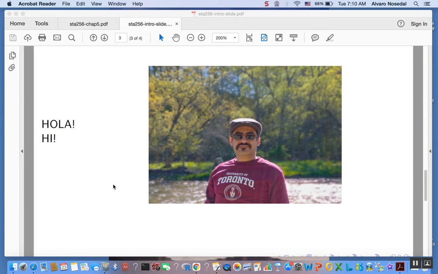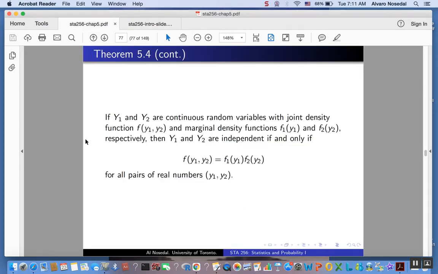Let's get to work. In this video, we will talk about the concept of independence. First, let me show you a theorem. This theorem has to do with a way of showing that two continuous random variables are independent.